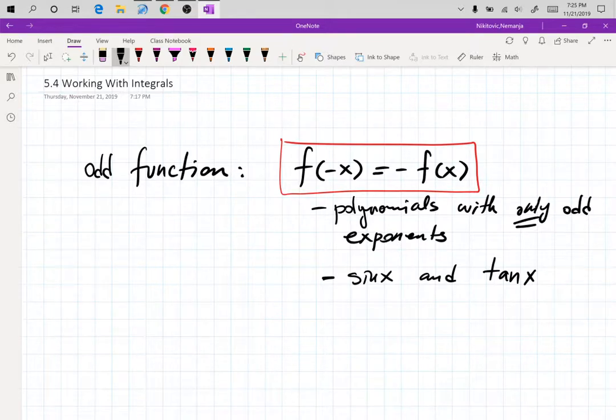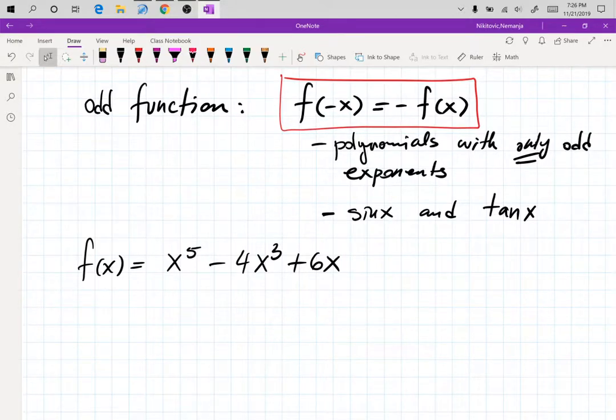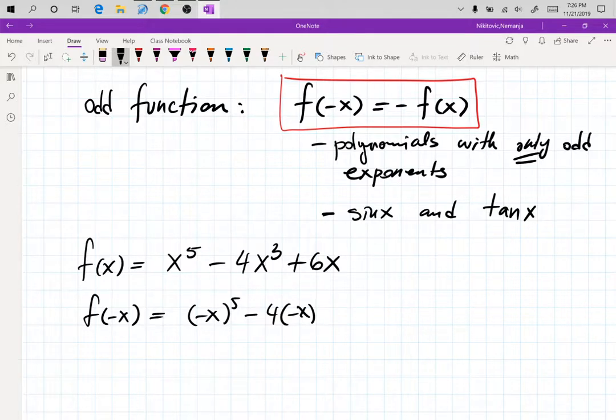And there is a test for it to use. So let's say f of x is given as x to the 5 minus 4x cubed plus 6x. You will construct f of negative x, which is negative x to the 5 minus 4 times negative x cubed plus 6 times negative x. And you will work out this algebra. So this will become negative x to the 5.